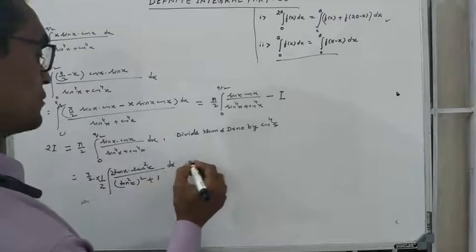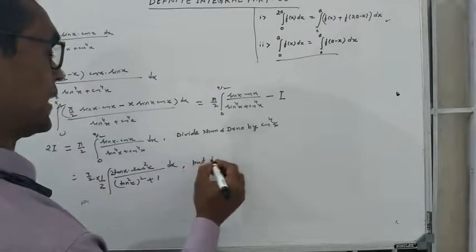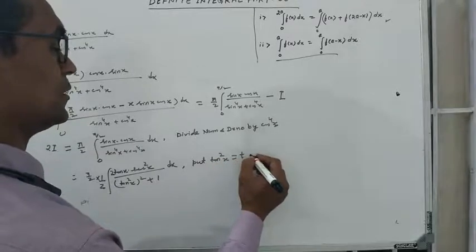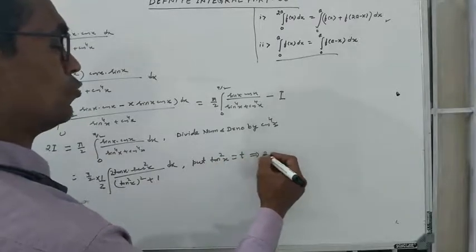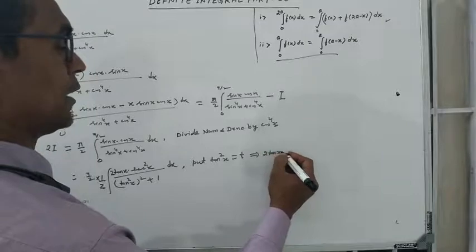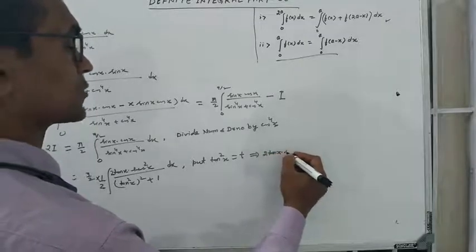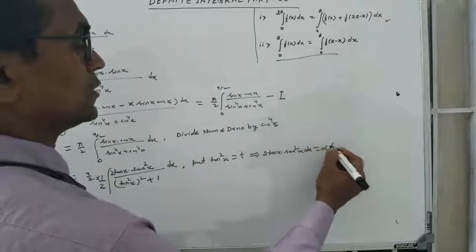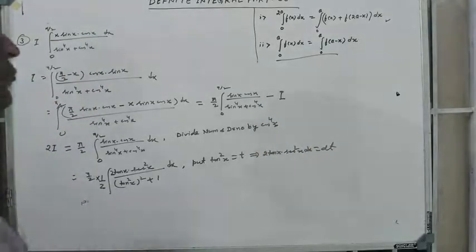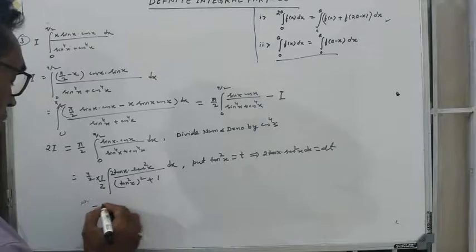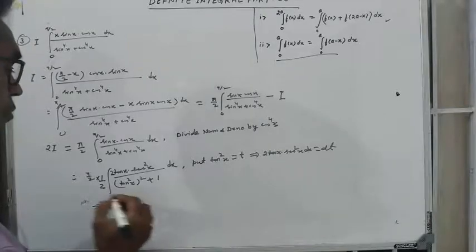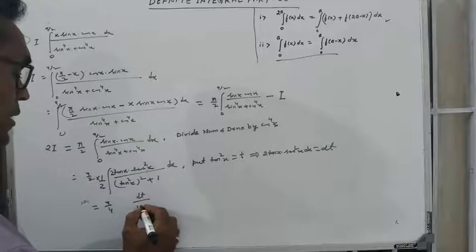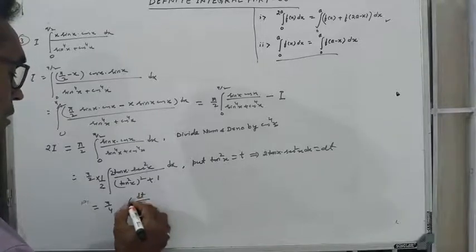If you substitute tan square x equals t, then 2 tan x sec square x dx equals dt. So this is pi by 4 and dt by 1 plus t square.